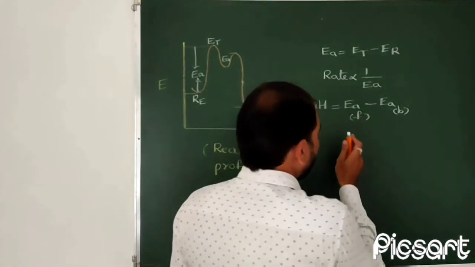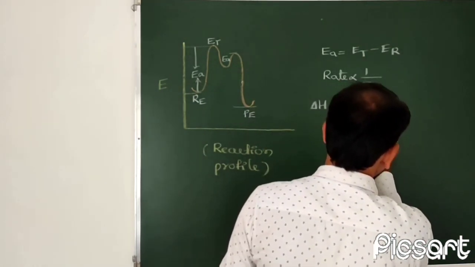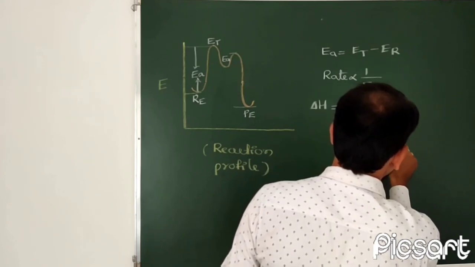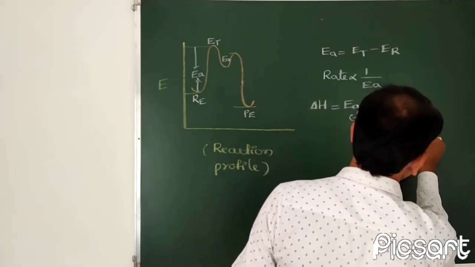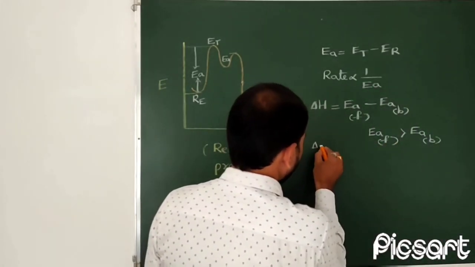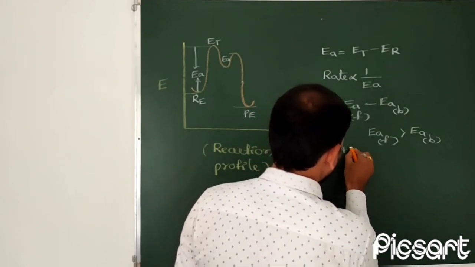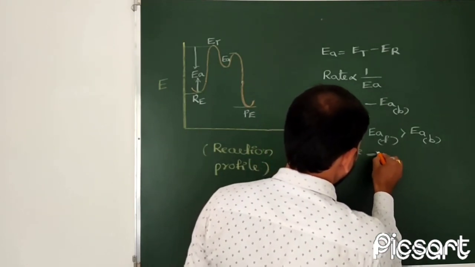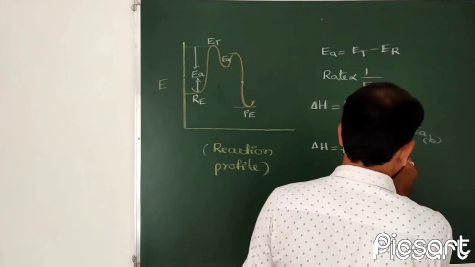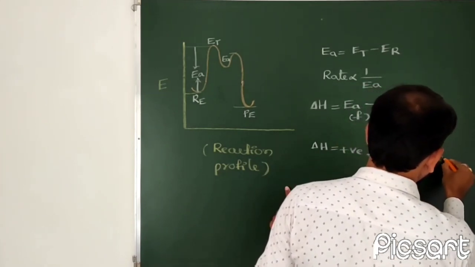So here activation energy of forward step is greater than activation energy of backward step. It results what? Enthalpy of the reaction is positive. That indicates endothermic.